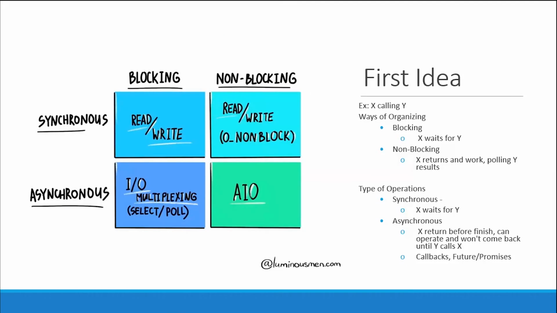So first, the idea I want to give is about this synchronous and asynchronous thing. We can say synchronous and asynchronous is the type of operation and way of programming things, and blocking and non-blocking is how the code is organized. So we can have synchronous or asynchronous programming with blocking or non-blocking IO, input or output.